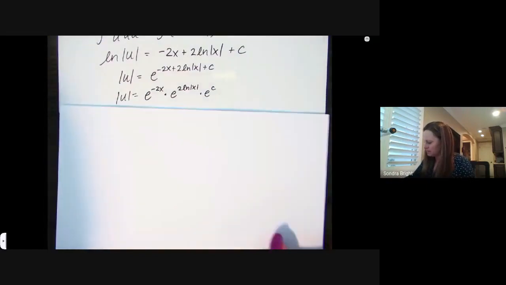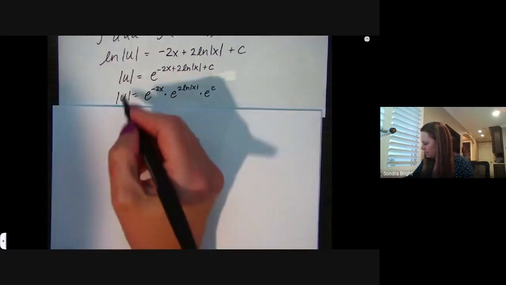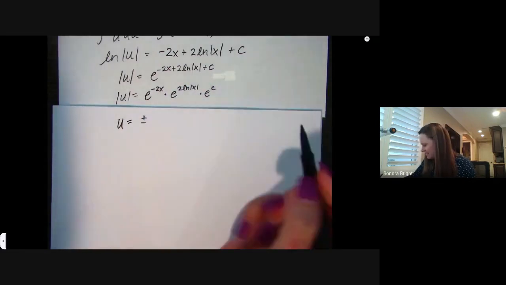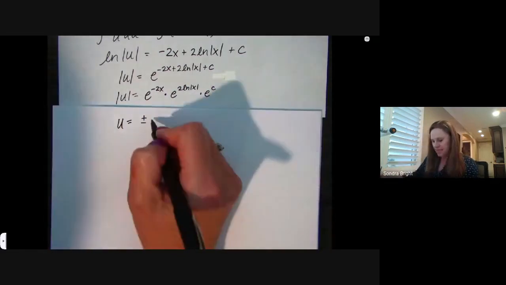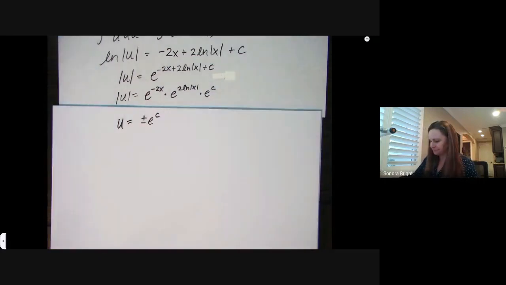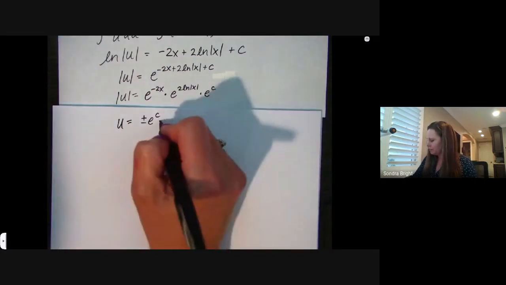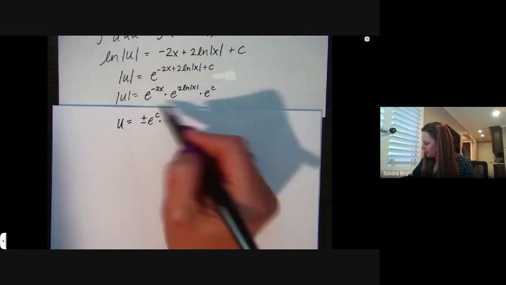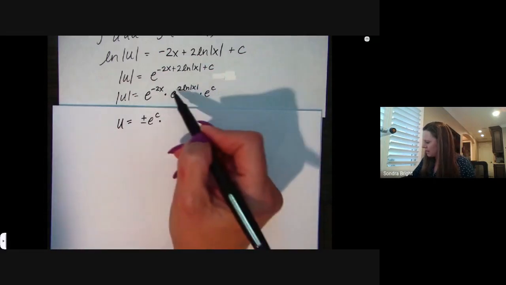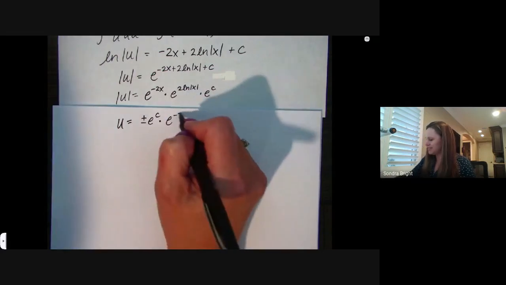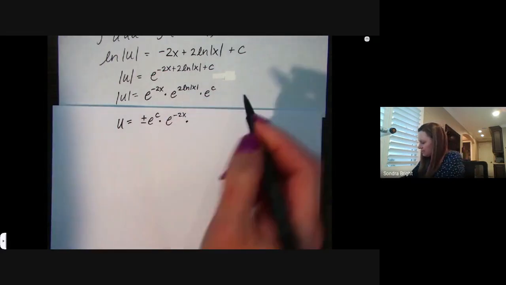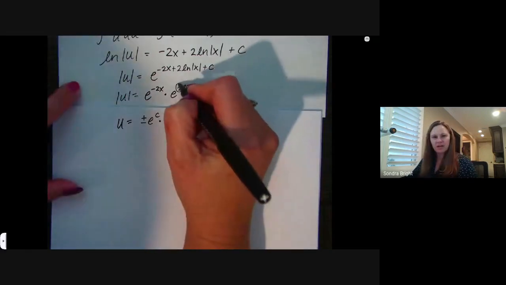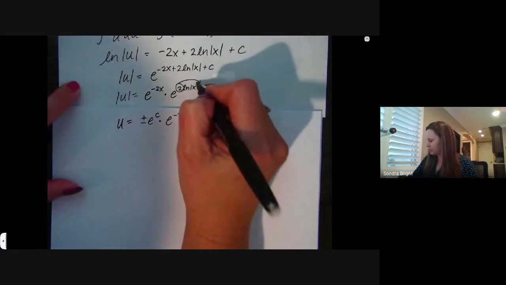So I can drop off the absolute value as long as I'm writing plus or minus e to the c, times e to the negative 2x, and then times, do you remember this, you can take that 2 and put it on the x, and then e to the natural log undoes itself. So this is equivalent to x squared.